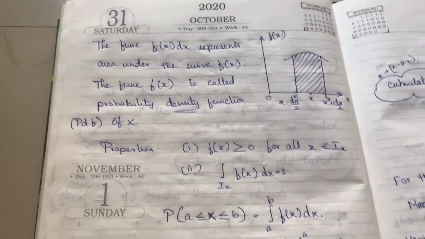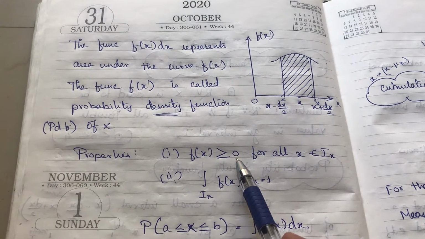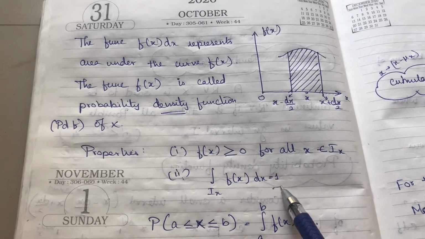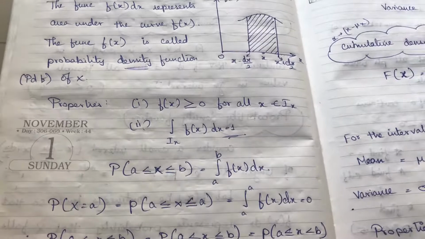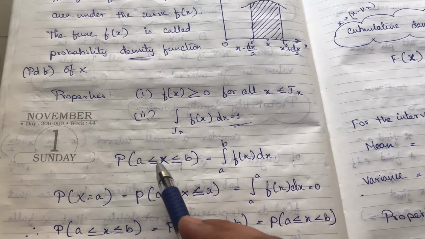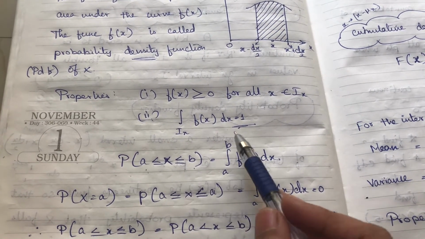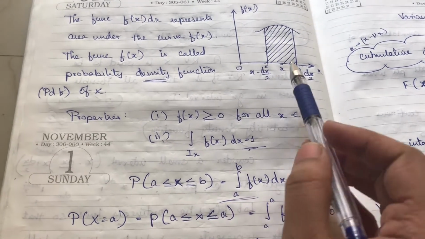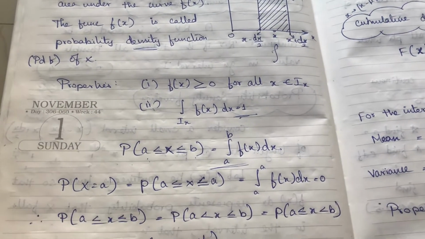It has some properties: it should be greater than or equal to 0, and the whole integration should be equal to 1, then only can we easily find the unknowns. Next, for the x limits a to b, p of a to b is an integral, because we have taken these for small regions, and small regions mean we have to consider the integral.